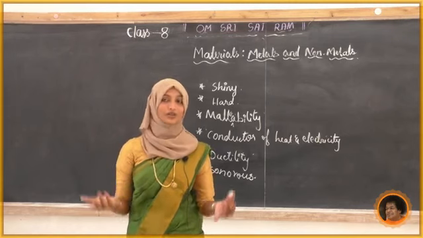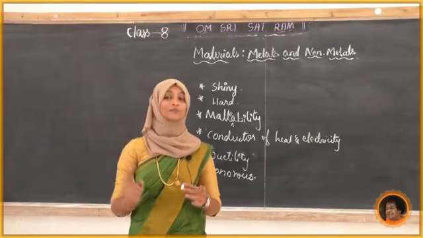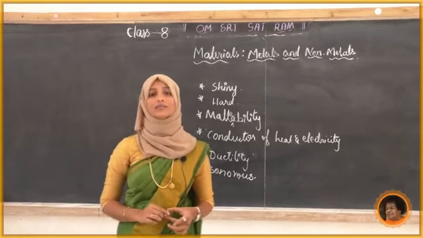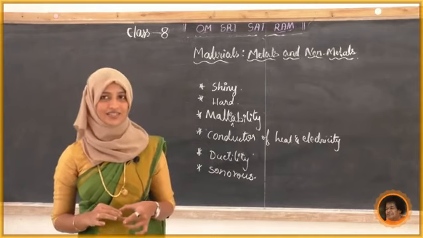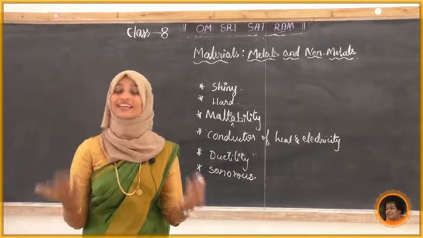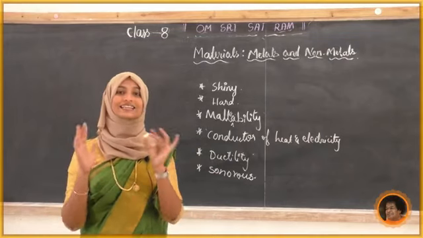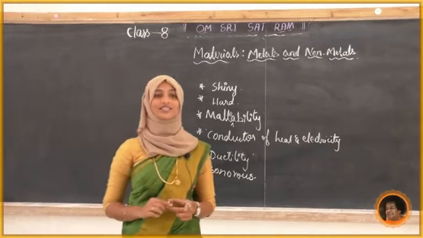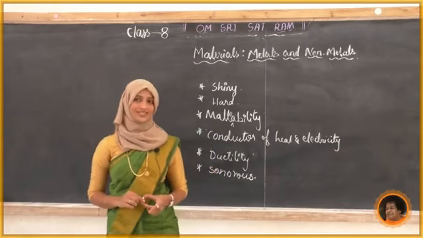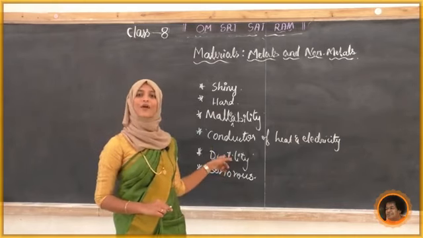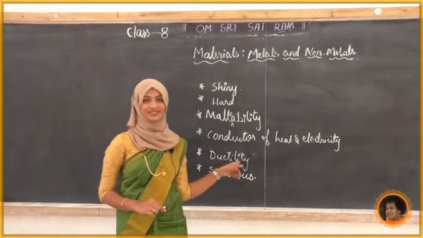Instead of that, if you do the same experiment with a wooden box, we won't get any sound. If it is a plastic box, we also won't get a ringing sound. We will get some other sound, but not a ringing sound. That sound is called sonorous. So this is also a physical property of metals.